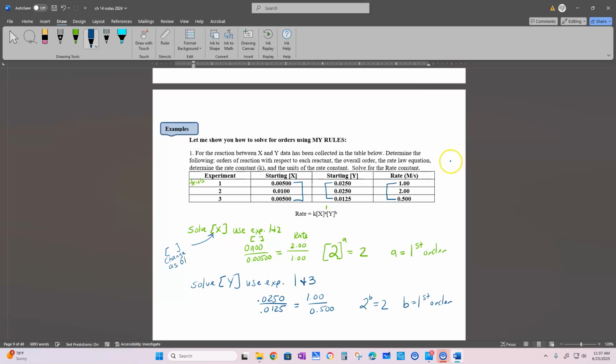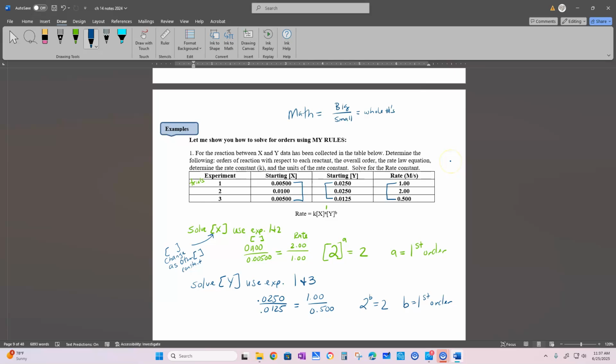As the other concentration is constant. Okay? When you're doing the math, you always want to do the bigger value over the smaller value. And the reason why is because we want whole numbers greater than 1.